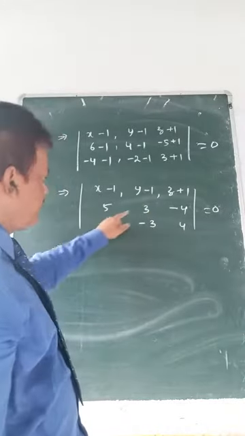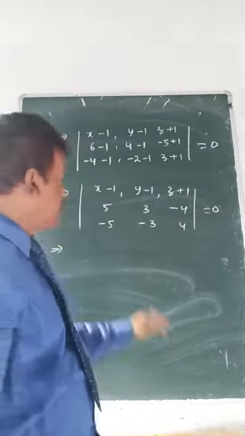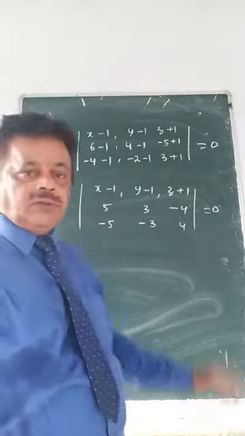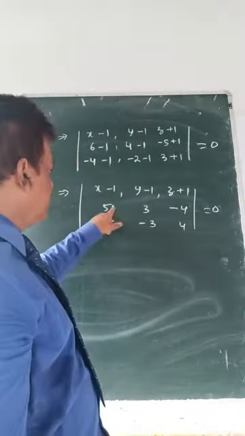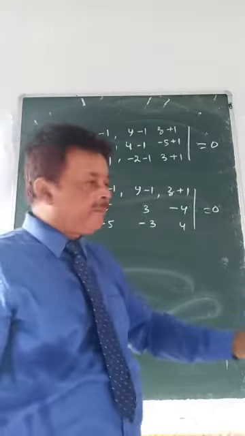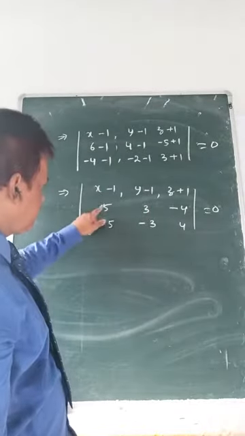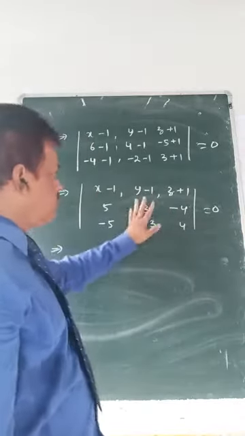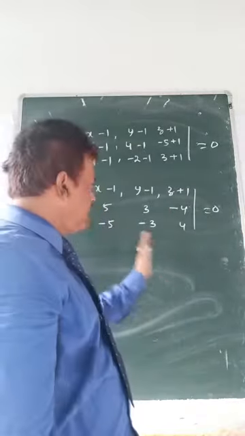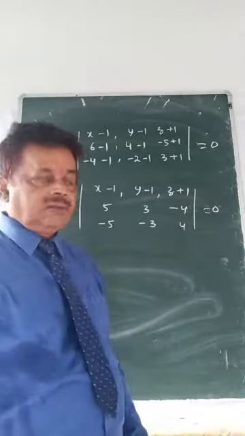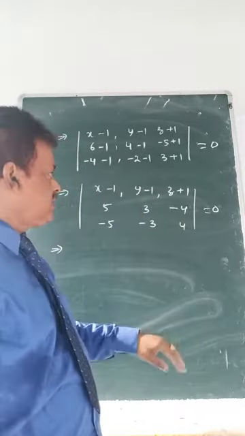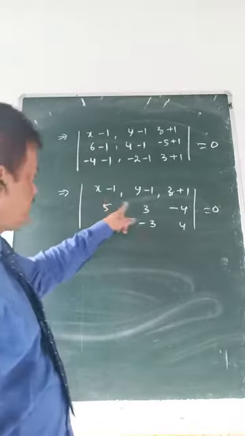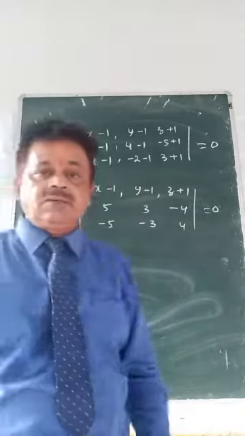Proportional means the points are collinear. But anyhow, I will show you the method. The second question will give you the answer. This will give no plane is possible because you are finding proportional rows: this by this, this by this, this by this is the same. So the value will be 0, meaning no x, y, z will remain here. So no plane is possible for this. You can write the points are collinear. But in the second question, if you follow this method, you will get your answer.